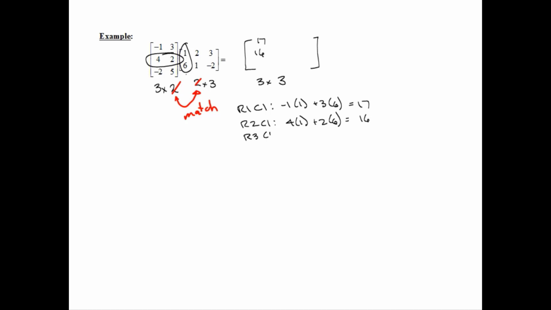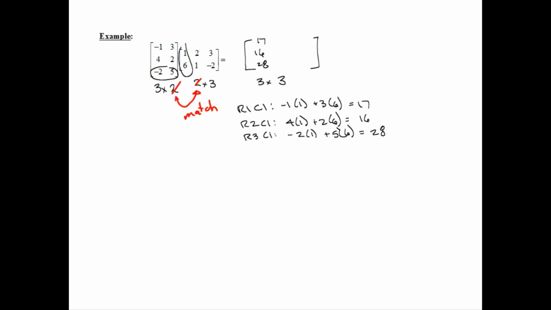If I do row 3, column 1, here's row 3, here's column 1. So we're going to get negative 2 times 1 plus 5 times 6, which is going to be 28. So that goes here.